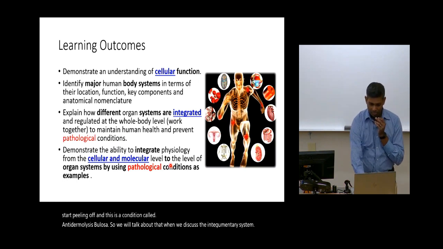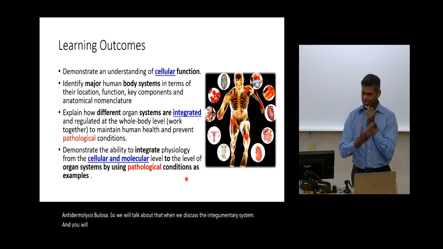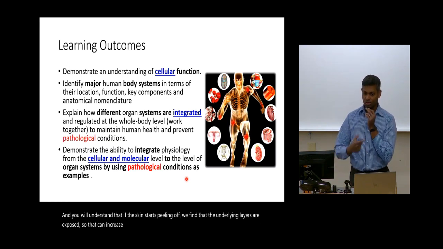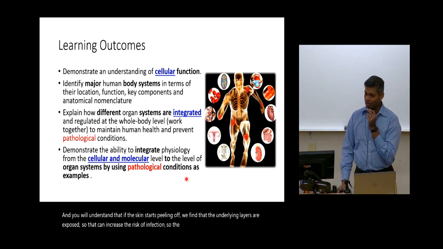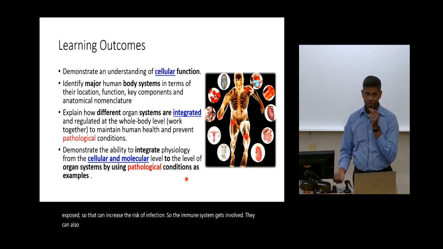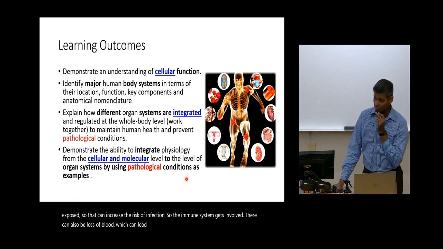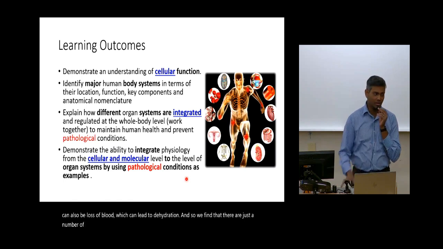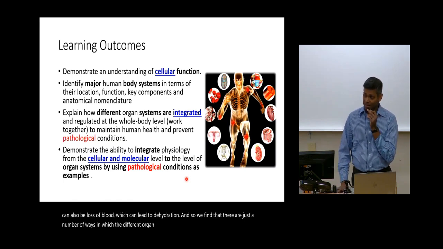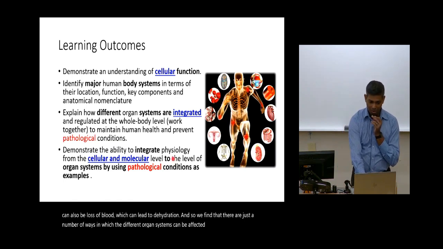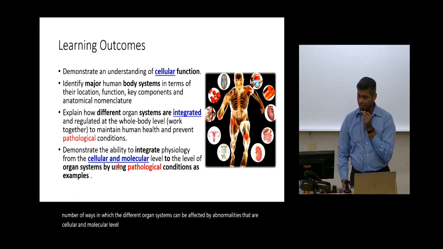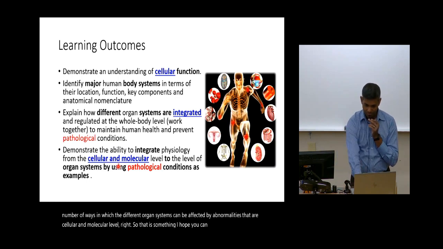And you will understand that if the skin starts peeling off, the underlying layers are exposed, so that can increase the risk of infection. So the immune system gets involved. There can also be loss of blood, which can lead to dehydration. And so we find that there are just a number of ways in which the different organ systems can be affected by abnormalities at a cellular and molecular level, right? So that is something I hope you can take from this course.